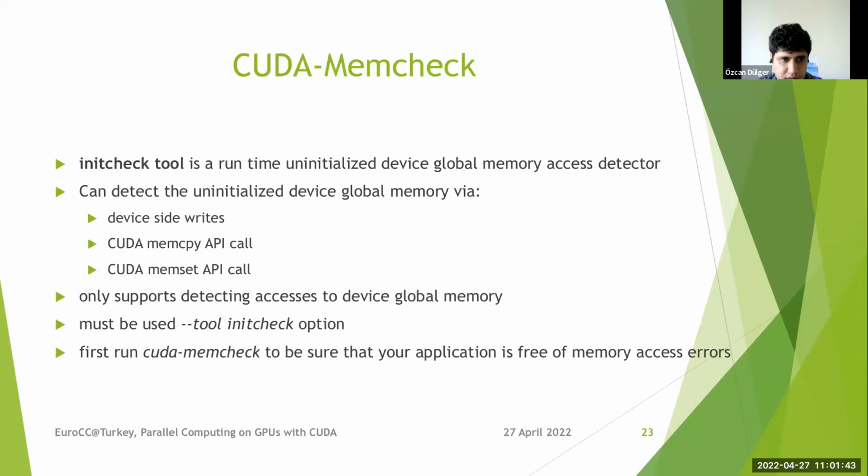Okay, let's continue with another tool of CUDA mem check. It is the init check tool. Init check tool is a runtime uninitialized device global memory access detector. So it detects uninitialized device global memory access via device side allocation, CUDA mem copy API call, or CUDA mem set API call.